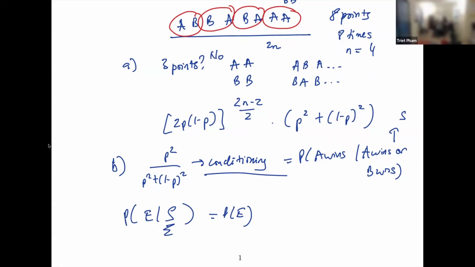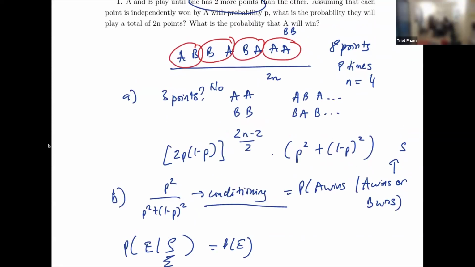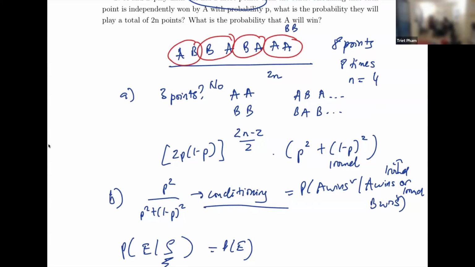He didn't quite say A wins given that. What was he focusing on? He was focusing on the last round. So this is not wins as in winning a game, but wins one round. Otherwise, if you say A wins or B wins, of course either A wins or B wins, but then you condition on the whole sample space and we're not doing anything.